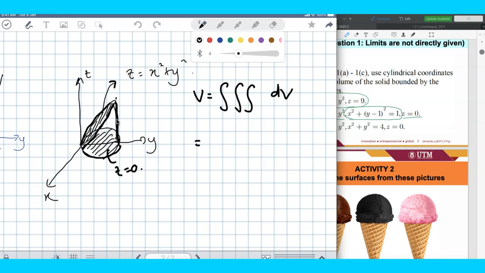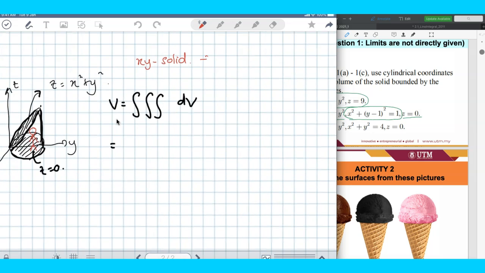I will stand in that orientation where my region lies on the xy plane. So in this case I have an xy solid. Then your dV is dz dA on the xy plane.